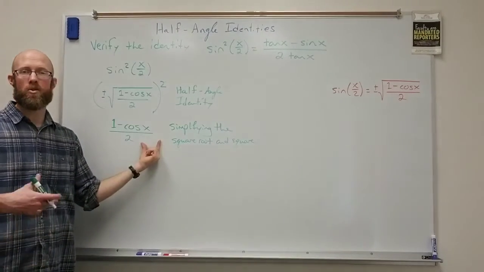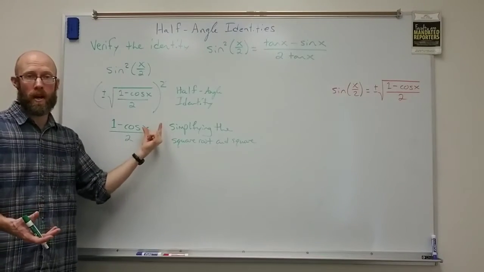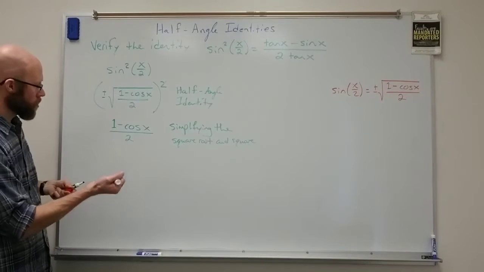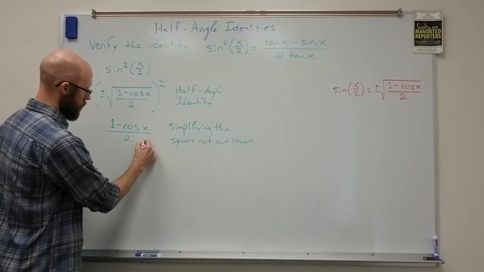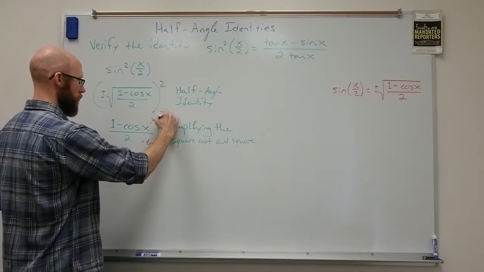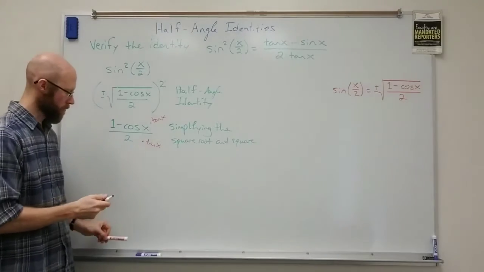But I can't just do that. Whatever I do to the bottom, I'd have to do to the top if I'm multiplying, with a fraction. So what I'm going to do is multiply the bottom by the tangent of x and the top by a tangent of x. Okay? Multiplying the top and bottom by tangent.